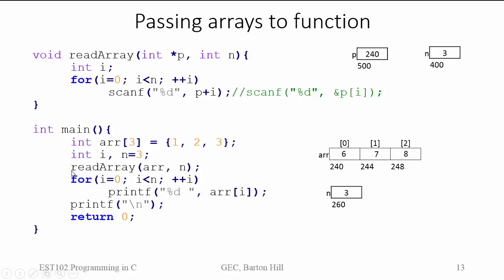After execution, control comes back here, and all this memory will be deallocated. If we print the values of ARR, it will print 6 7 8. So changes made using the formal argument affect the actual argument here.